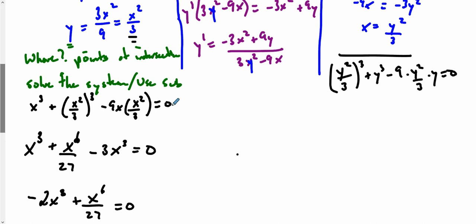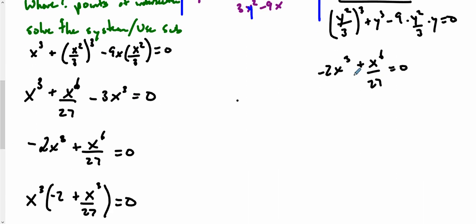Everything is the same, except now it's in terms of y. And so if you look at this, you see that that is pretty much the same. And so what we actually have here is going to be negative 2x cubed plus x to the 6th over 27 equals 0. And so what we have right here is we can factor out the x cubed right there.